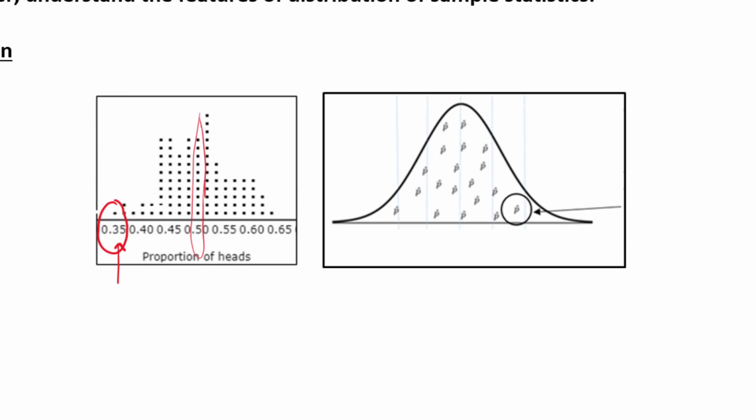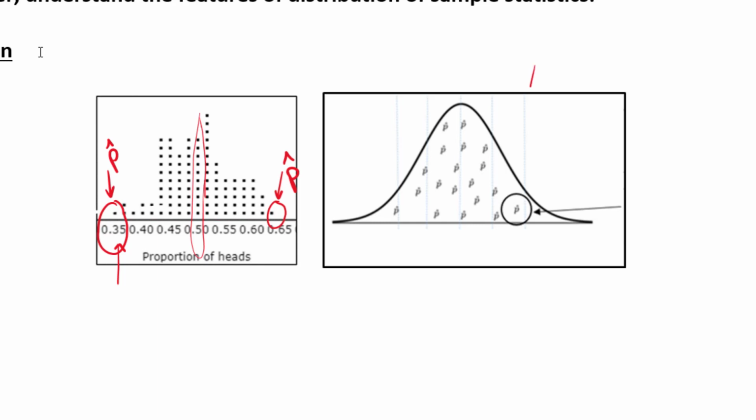So these dots represent a sample statistic. So this dot, for example, here is a p-hat. And this dot here is a p-hat. It's an example of flipping the coin 60 times and the result we got in our sample. It is a resulting p-hat for that sample.